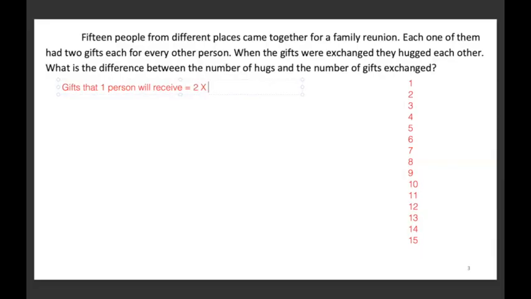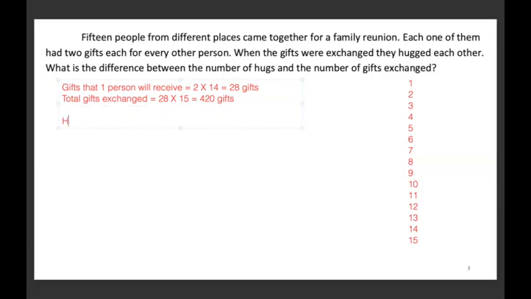So 2 into 14 people, which will be 28 gifts received by one person. So total gifts exchanged will be equal to 28 into 15. This will be equal to 420 gifts. These are the total number of gifts that are exchanged.